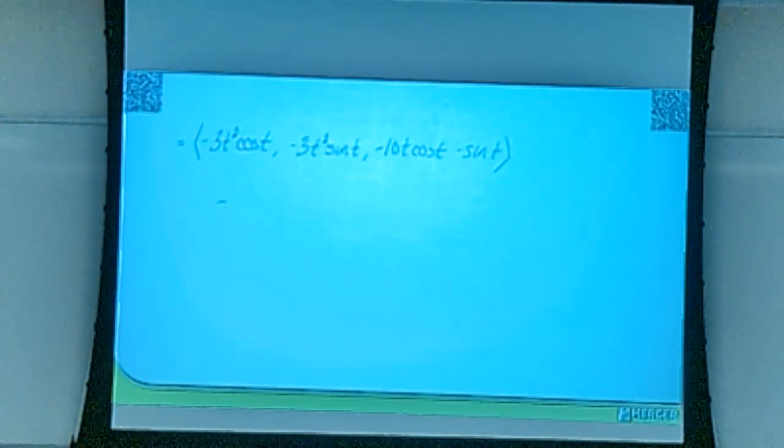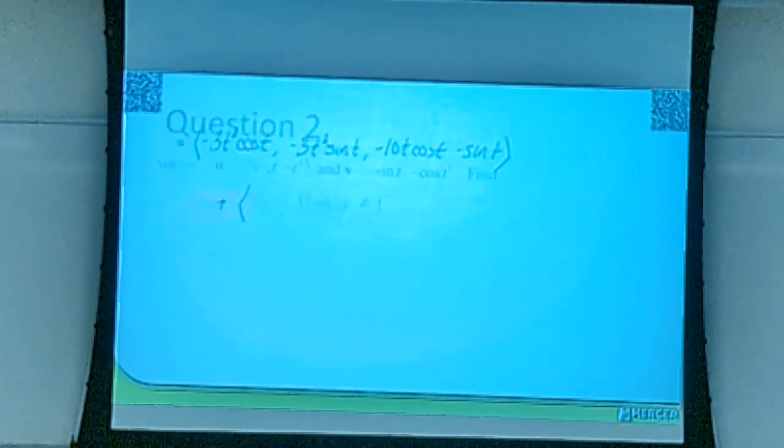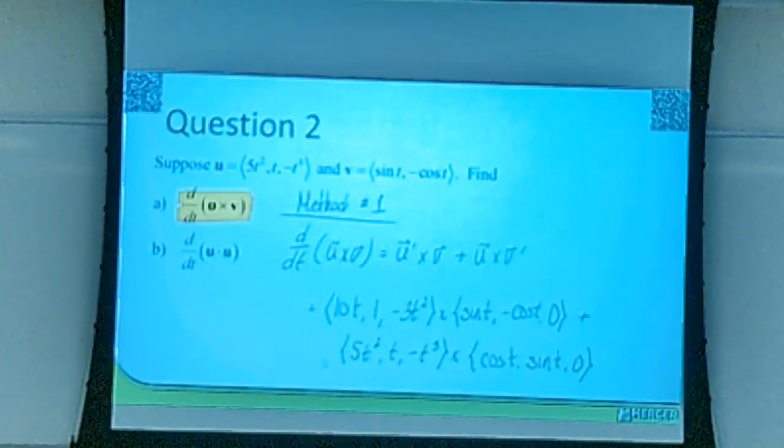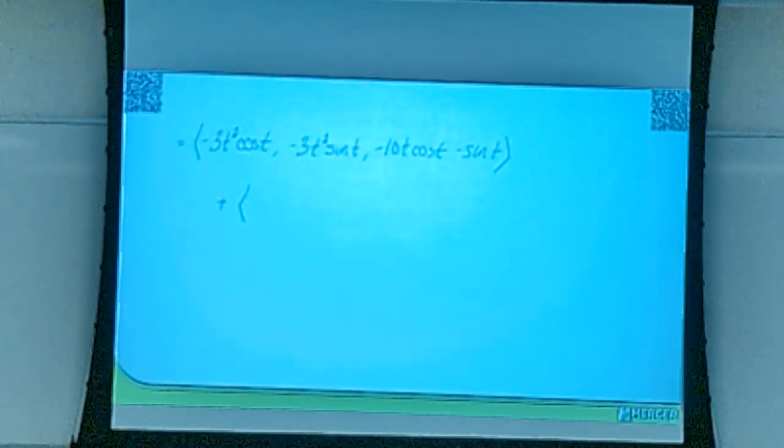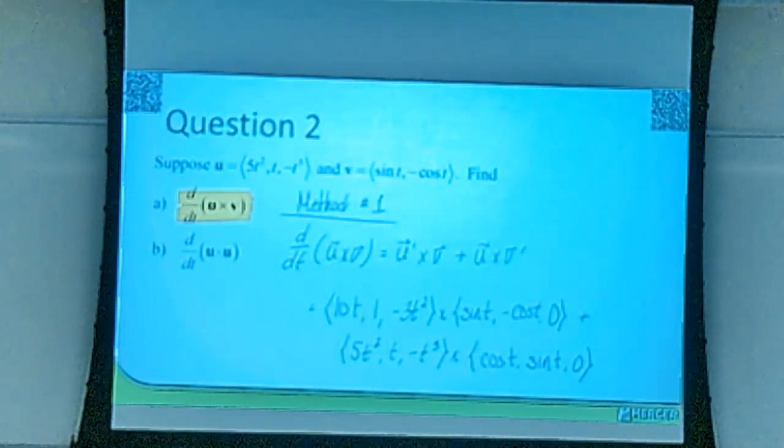Now we got to do the second cross product. 0 minus negative t cubed sine of t. Negative t cubed cosine of t minus 0.